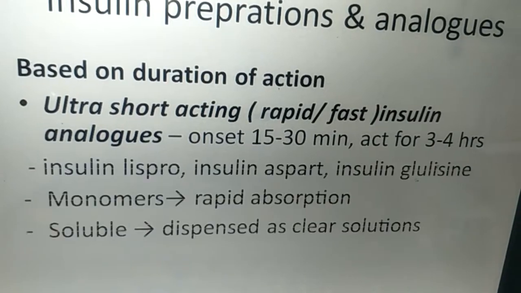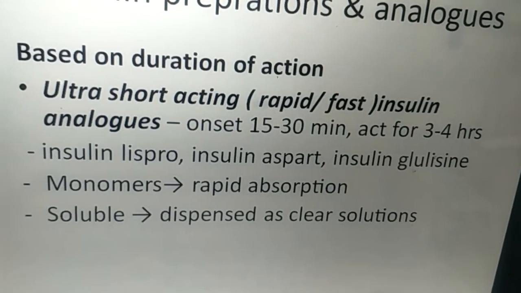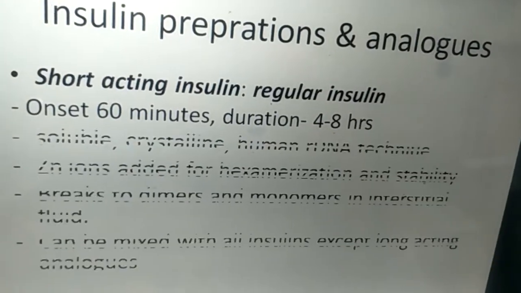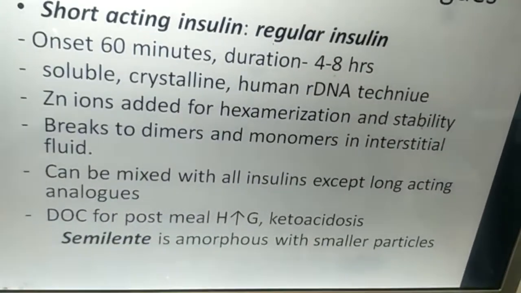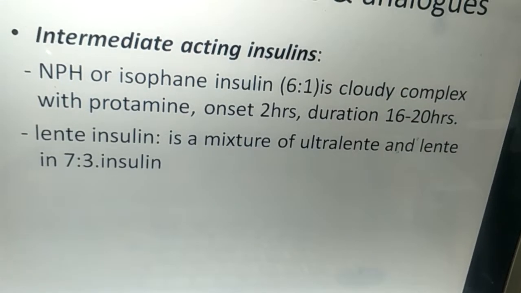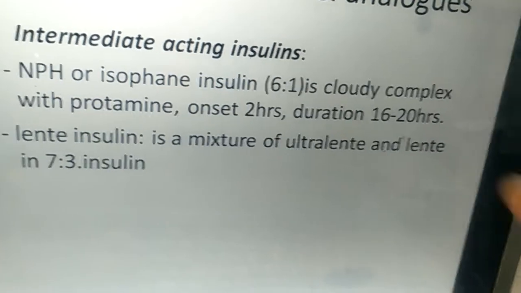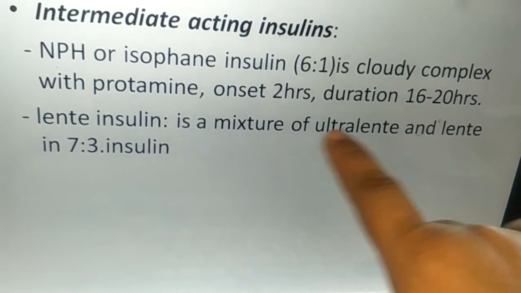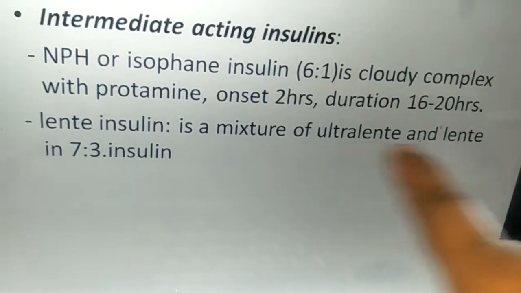Based on duration, ultra short acting, we have lispro, aspart and glulisine, which are analogs. Short acting is regular insulin, which is insulin, and semilente. Intermediate are NPH and lente. Lente is a mixture of ultra lente and semilente. Ultra and semi will cancel each other, so it becomes lente.